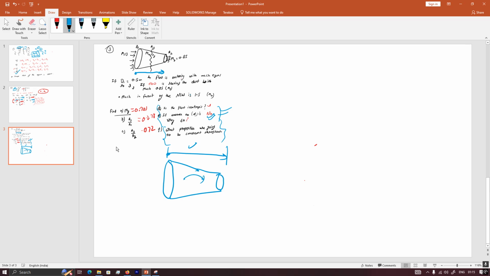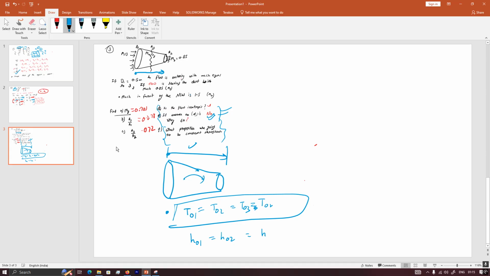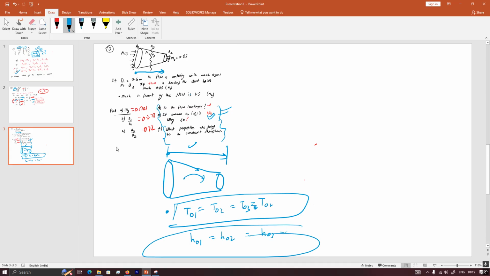So the only constant properties are T naught. T naught 1 equal to T naught 2 equal to T naught 3, T naught x, or anywhere present in the duct. And similarly, it comes from energy conservation, which is H naught 1 equal to H naught 2 equal to H naught 3, and at any point.